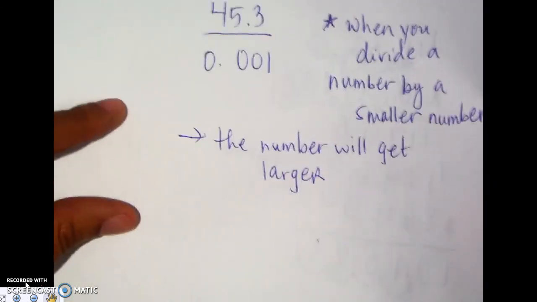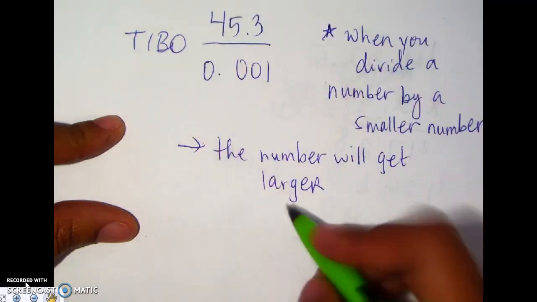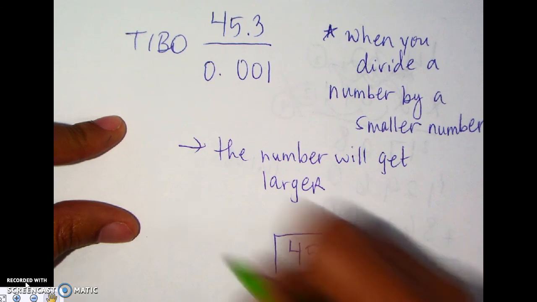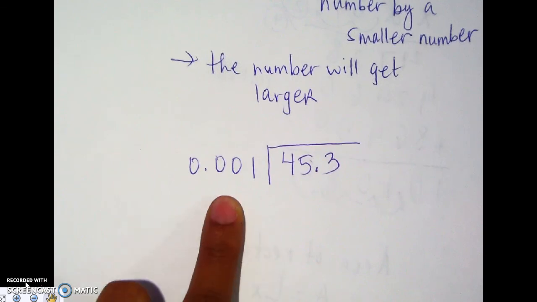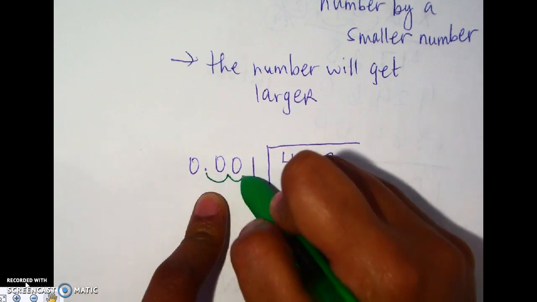So I'm going to do my TIBO. So I'm going to do the 45.3 being divided by 0.001, and whatever the number of swings are here, you want to swing that same amount inside. So we're going to swing 1, 2, 3.